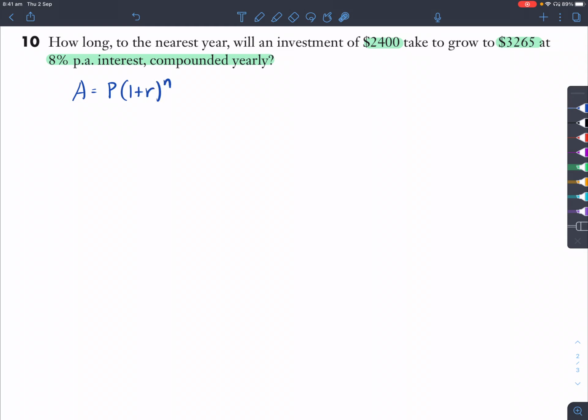We want A to be the amount it grows to, and P is 2,400. So we substitute those two values in and multiply by 1 plus the percentage in decimal, so 8% is 0.08, raised to the power of n.